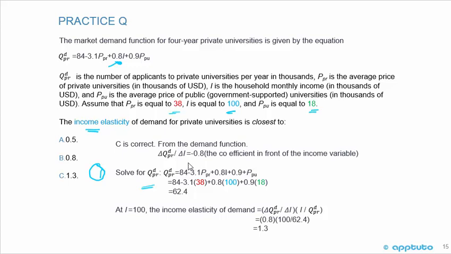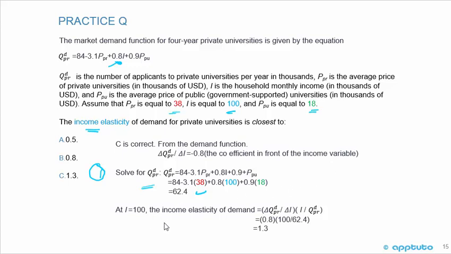That's easy. It's just 84 minus 3.1 times the 38, which they gave us, plus 0.8 times the 100, plus 0.9 times the 18. That gives us 62.4, exactly the same as the previous question.